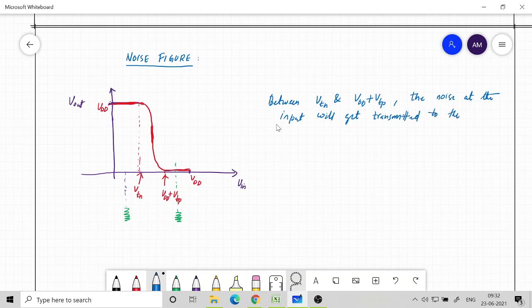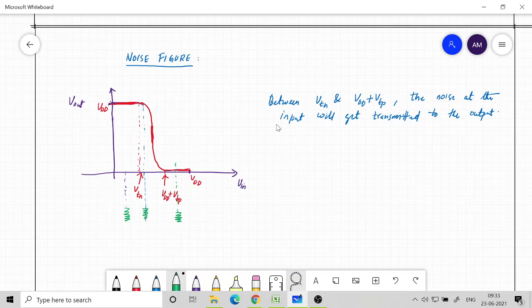That means output will also vary in response to the input noise. Okay, and where it is more significant depends upon the exact location. For example, if you are here, you are at this point, and suppose there is a noise here.